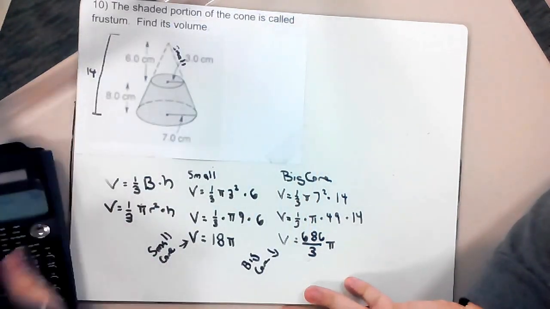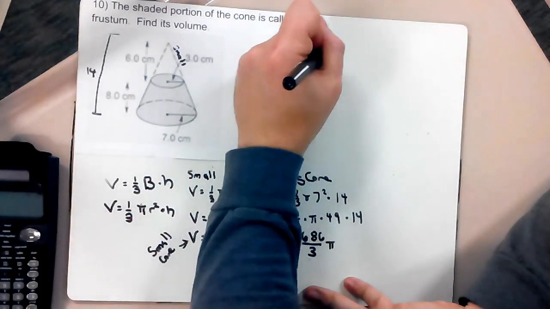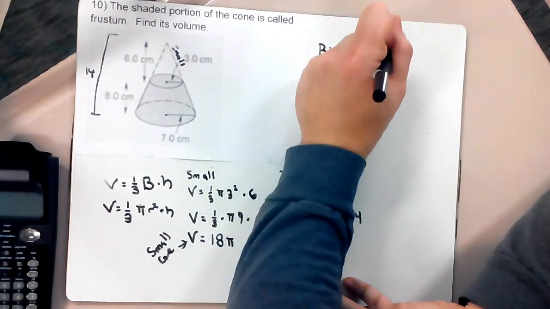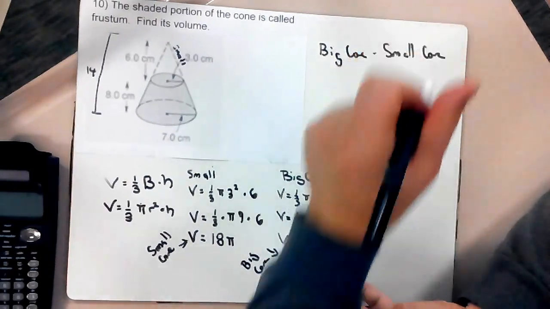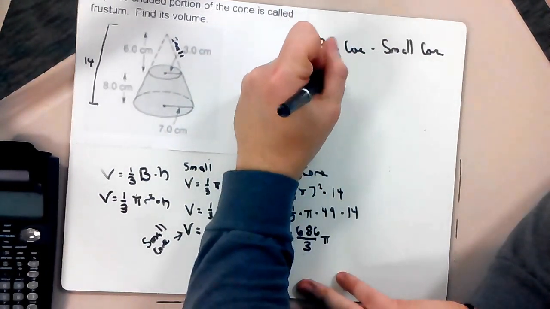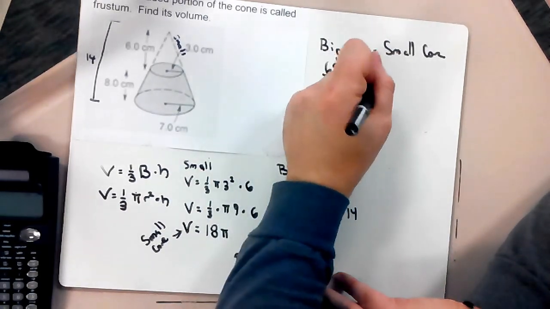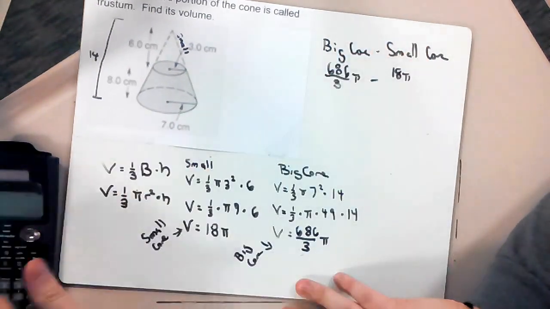Now what I have to do is subtract the big cone and the small cone. The big cone is 686 over 3 pi, and the small cone is 18 pi.